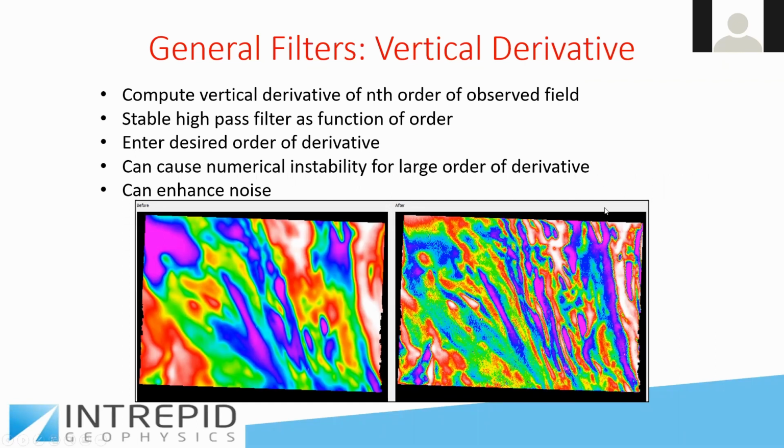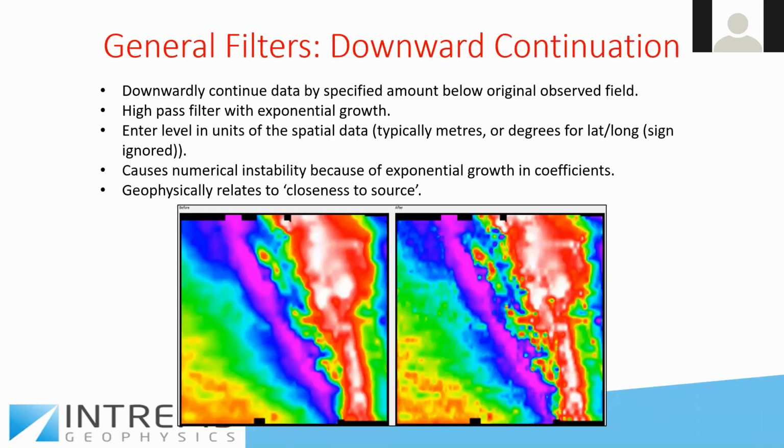There's vertical derivative filter, where you can choose a degree of vertical derivative, so like first or second degree. This particular filter can cause numerical instability at larger orders of derivatives, and enhanced noise as well. So it can be a good QA/QC tool to check the quality of your original data.